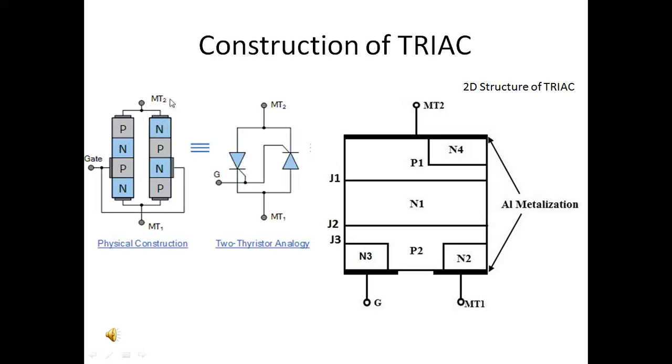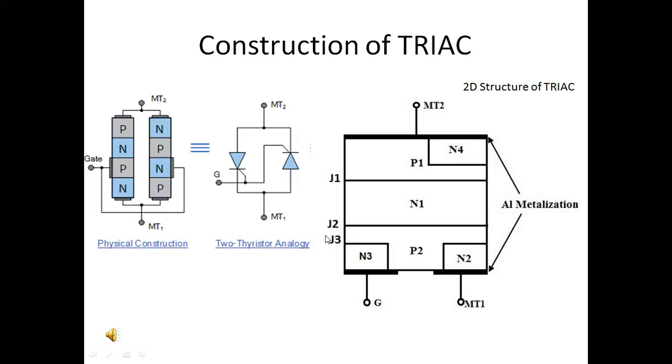Now let us understand, with respect to this physical construction, the 2D model of the TRIAC. In this 2D model, you can see it has three junctions, J1, J2 and J3.